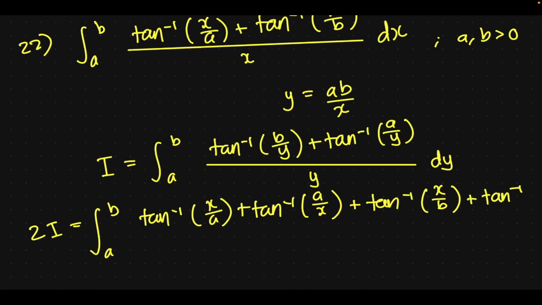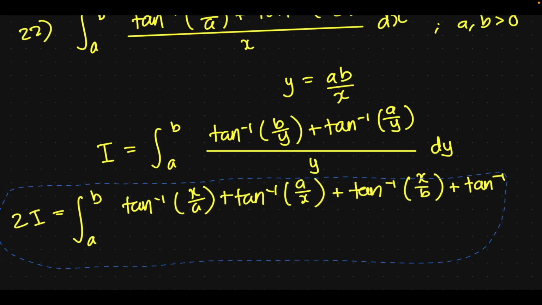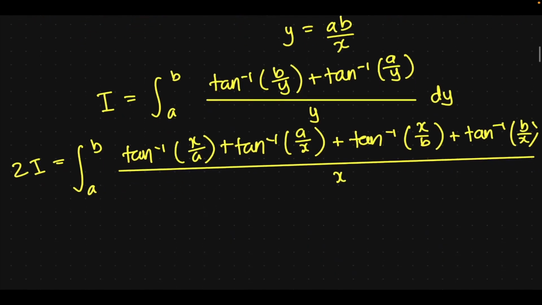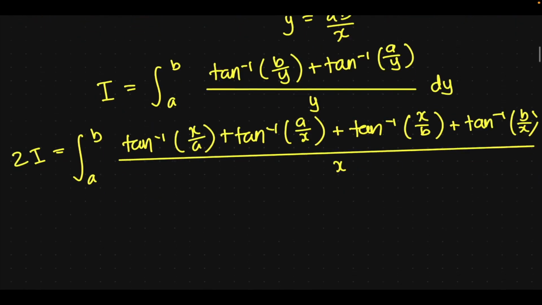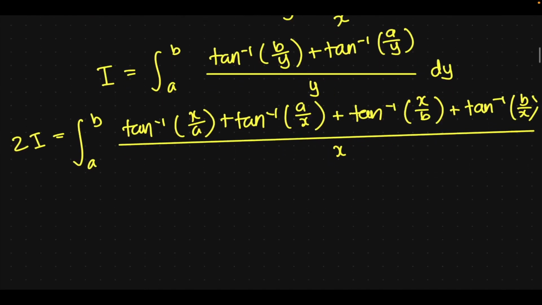Plus tan inverse b over x, over x. I know that looks shabby. And we have a dx, of course.